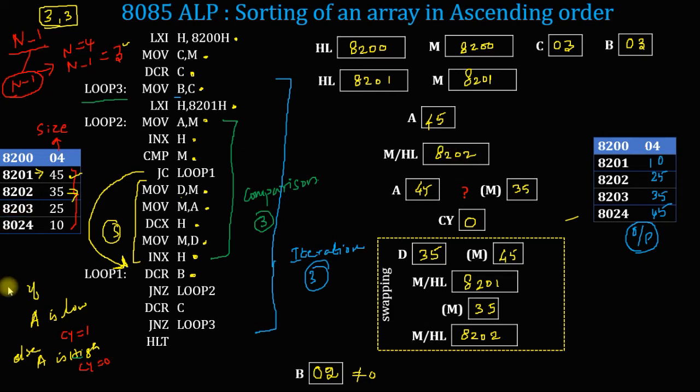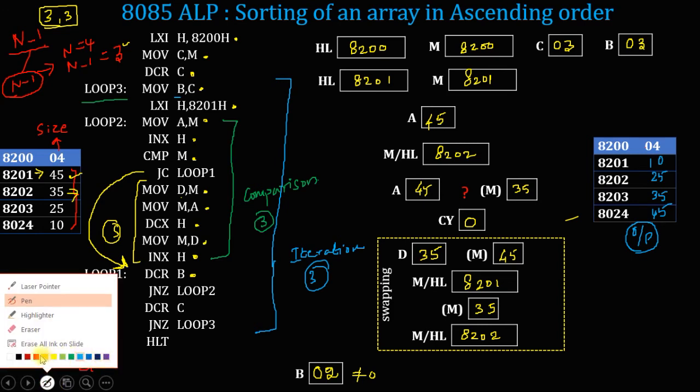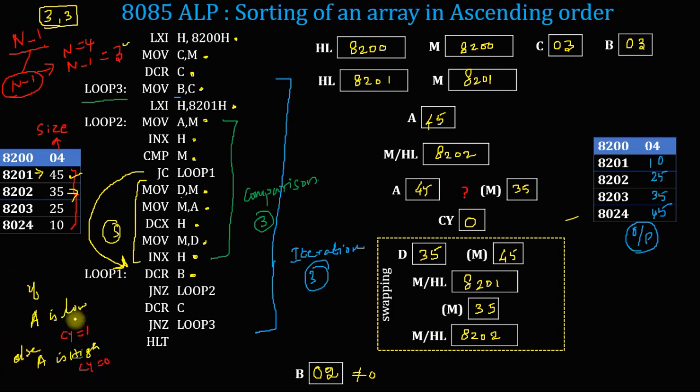This is done by the instructions CMP and JC loop 1. These are the deciding instructions for whether swapping is needed or not.